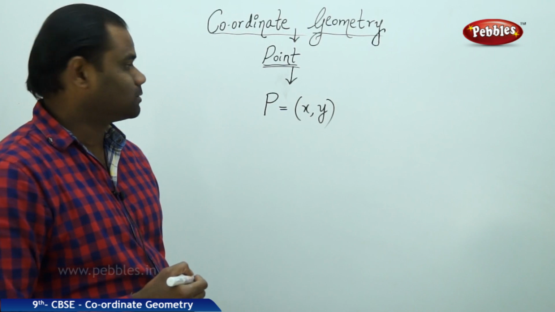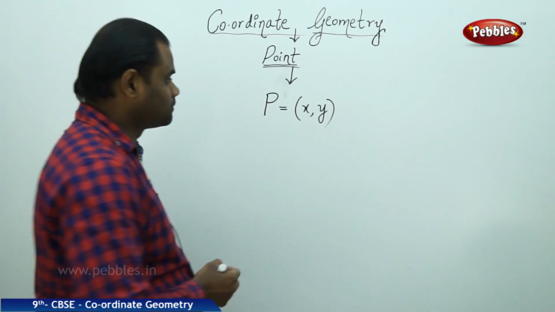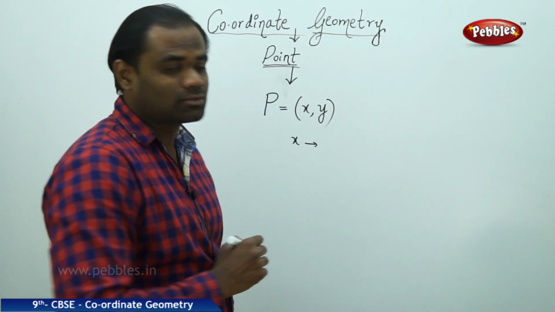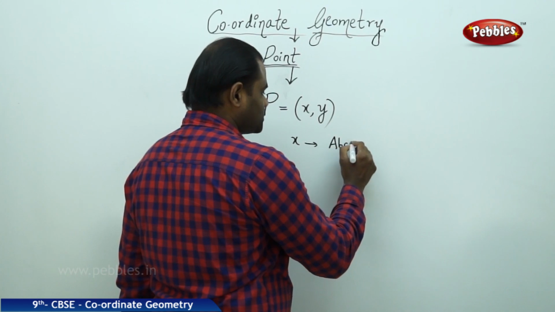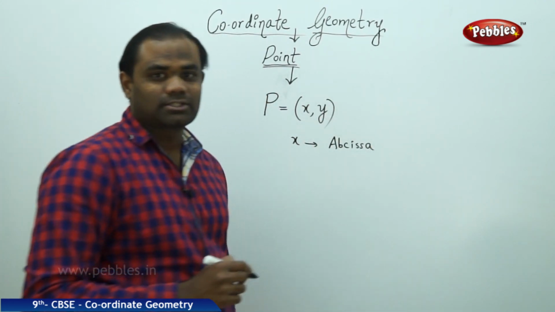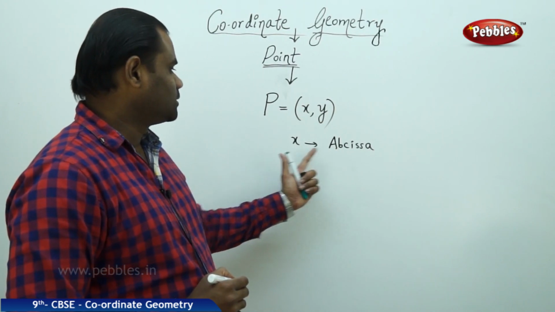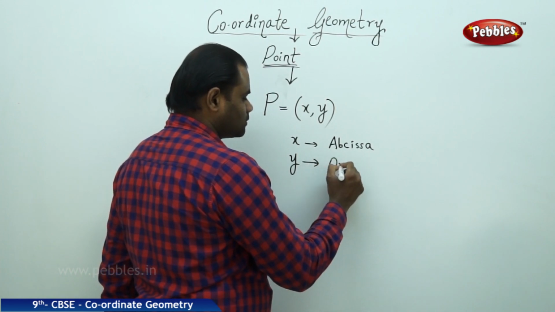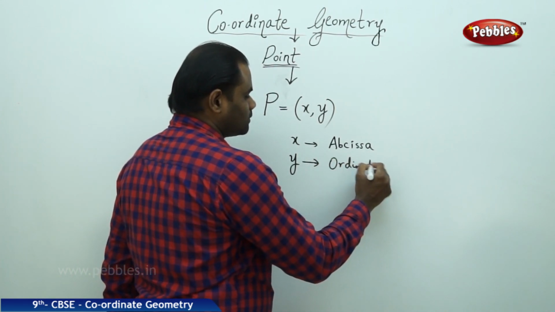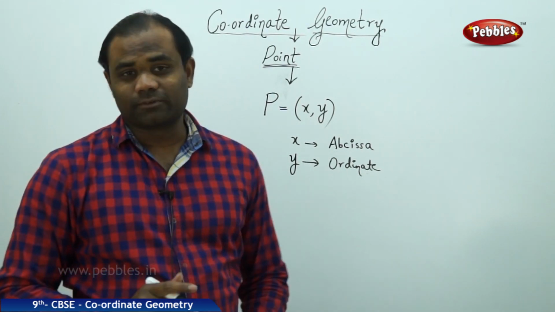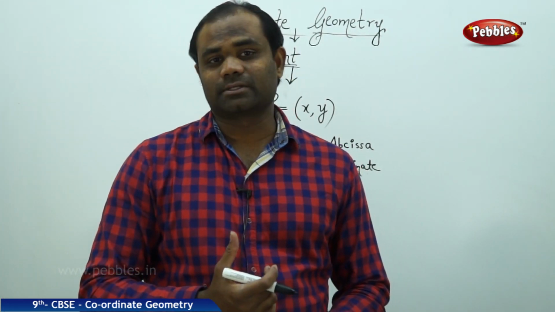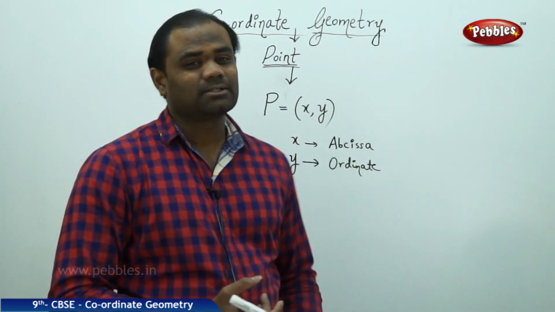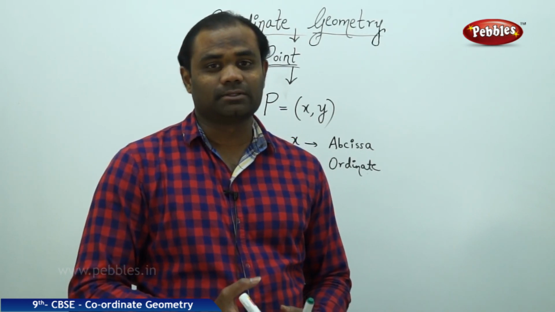The x coordinate of the given point is called abscissa and the y coordinate is called ordinate. These are the terminologies used in mathematics to define the point.